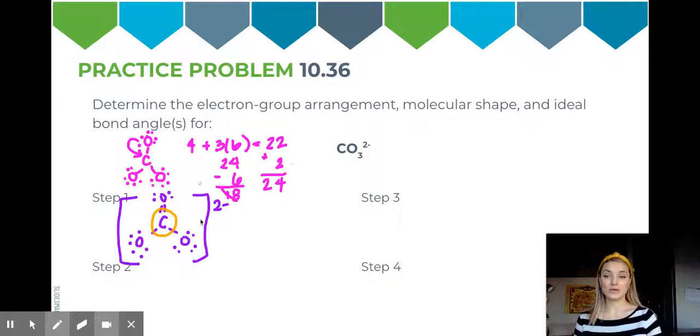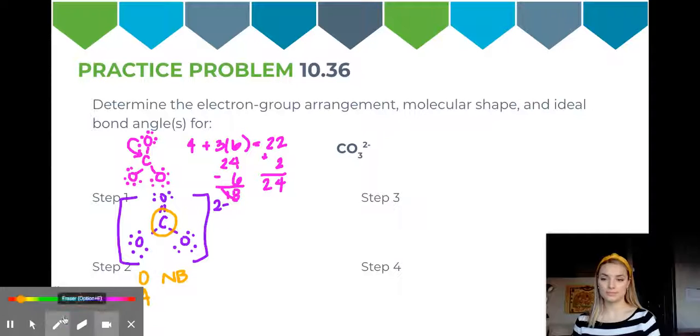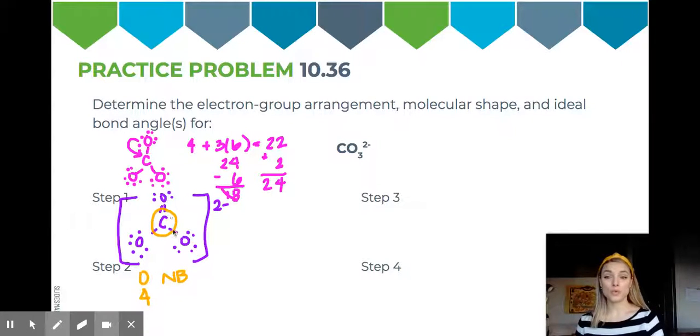It has 0 non-bonding, and it has 2, 4, 6, 8 electrons. So 1, 2, 3, 4. And it has 4 bonding pairs.